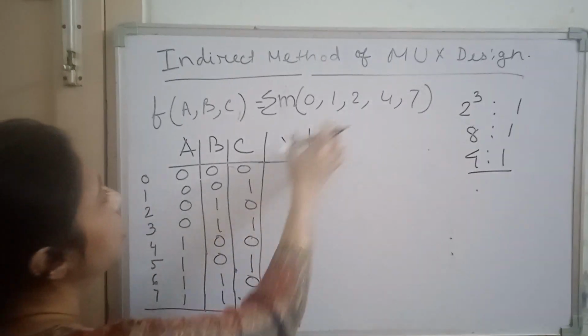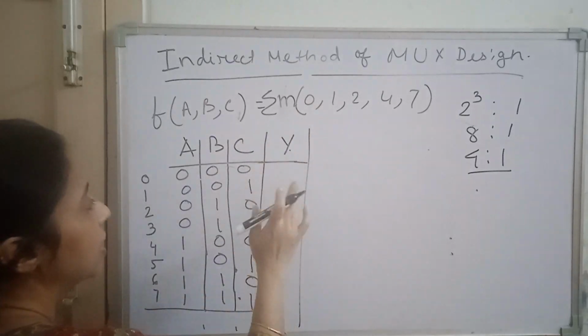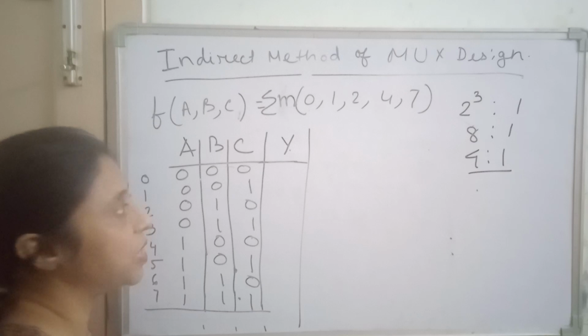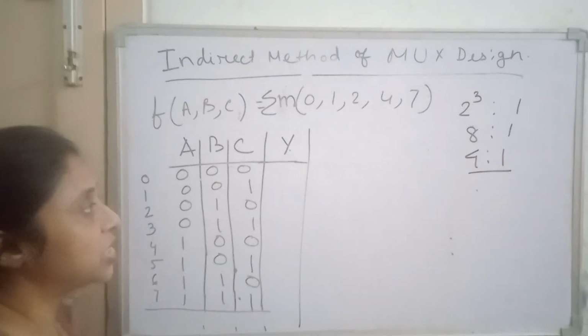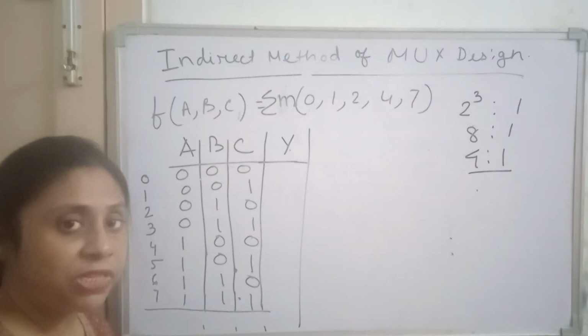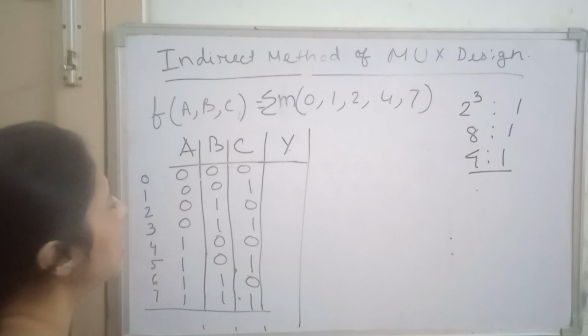Now, what is the output according to this? For 0, the output should be 1, because 0 is mentioned in the min-term expression. The values which are mentioned in the min-term expression, for those input values, the output is 1. And for all the rest of the input values, the output will be 0. This is how we must do the truth table, right?